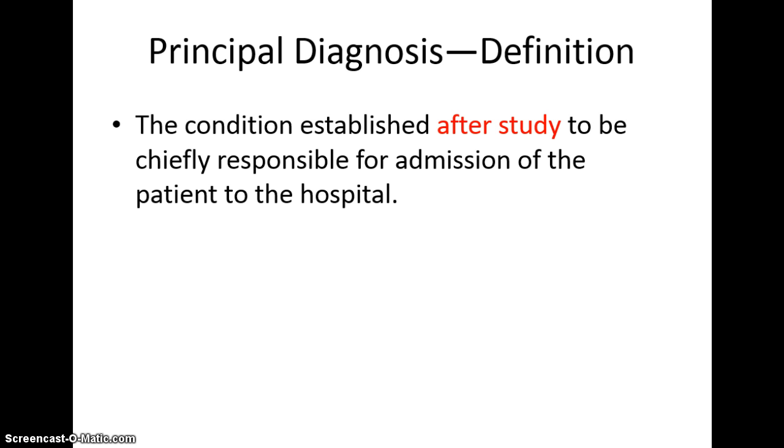If you're reviewing a record where the patient is admitted with severe chest pain and the physician orders lab work of troponin, if that lab work indicates that the patient had an acute inferior wall myocardial infarction, that would be considered the principal diagnosis. Additionally, the acute MI is a more definitive diagnosis than the severe chest pain, which is considered a symptom of the myocardial infarction.